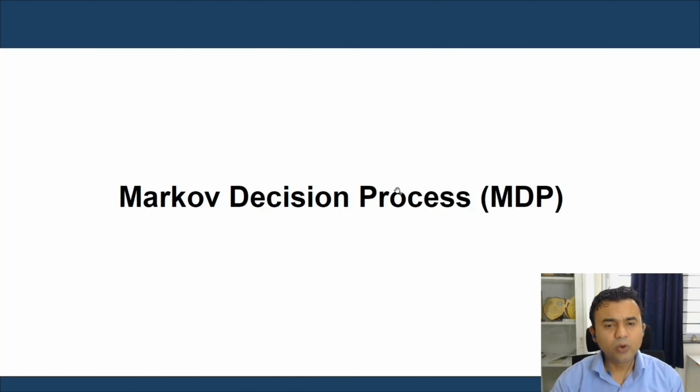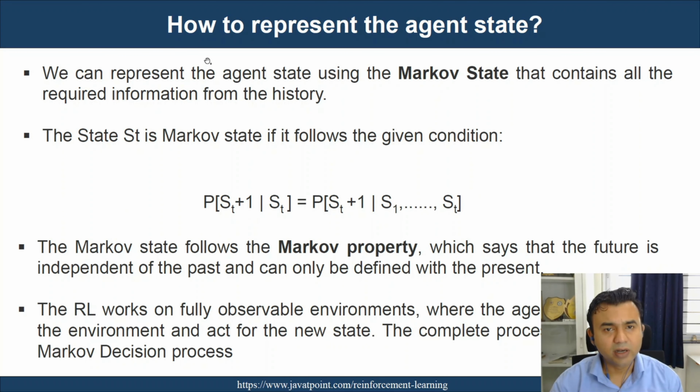In this section, we'll take a look at what a Markov decision process is, which is used for reinforcement learning. And how do we present the state of the agent? We generally present the state of the agent using a Markov state that contains all required information based on the history.